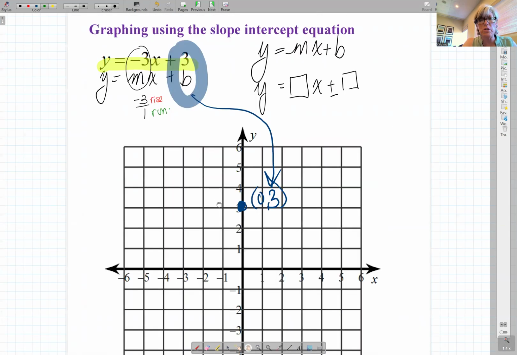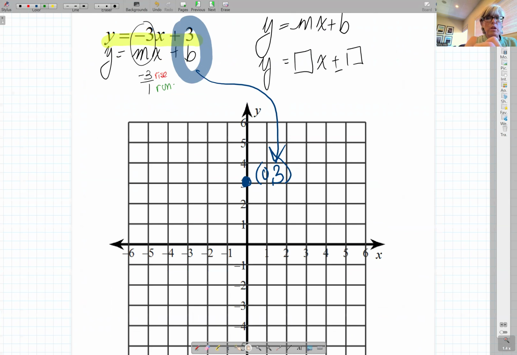Now, this is where students get confused. They're like, do I go up 3? Do I go down 3? That doesn't matter. What does matter is that the final tilt of your line, if this is a negative slope, which it is, your line must tilt from left to right going downward. From left to right, because it's a negative slope.